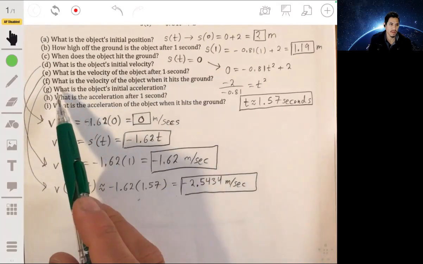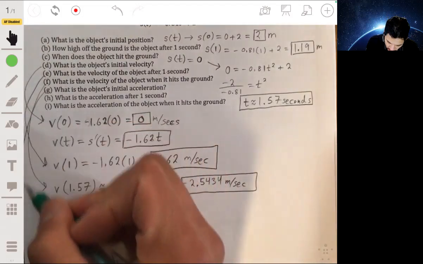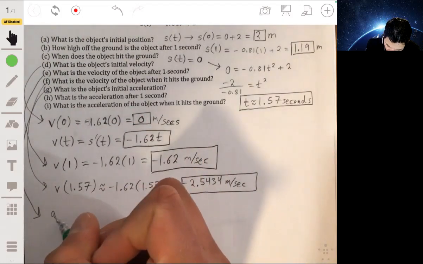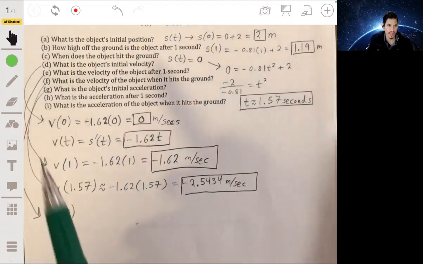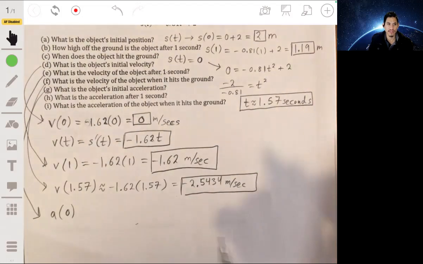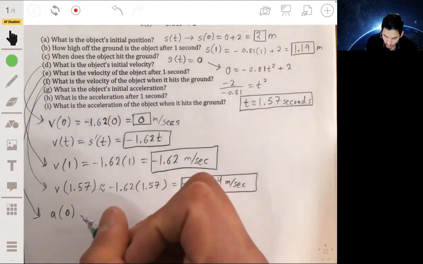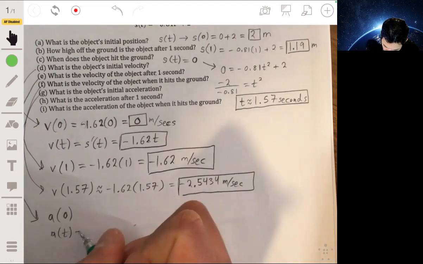Okay, now, G, what's the object's initial acceleration? So what is a of 0? Again, it's initial, so when t is 0, what's the acceleration at the start? Let's first find the equation for acceleration.